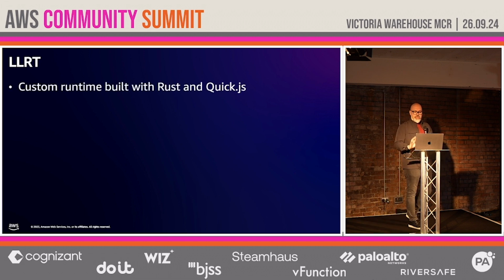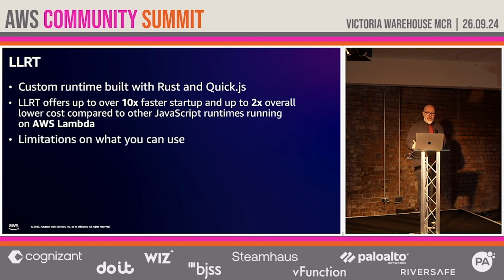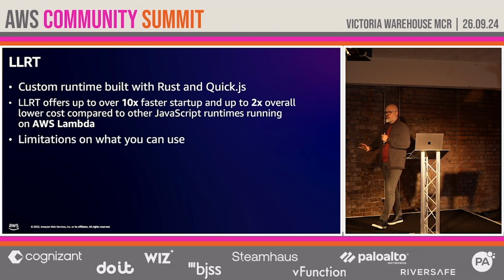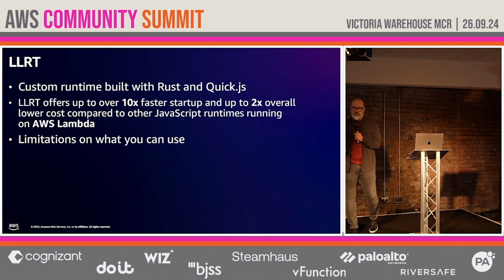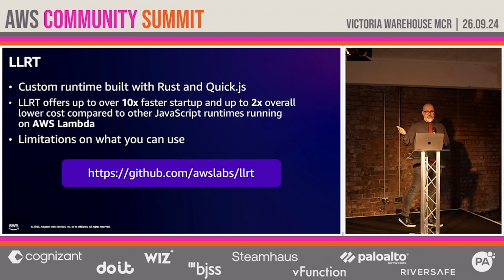Still experimental, so take it with a pinch of salt. A colleague of mine created it. It offers 10x faster startup and 2x lower overall cost compared to JavaScript, and I like that. But bear in mind, there are limitations: you cannot use full Node.js, just a subset. We are trying to improve that, but if you're curious, you can find the information over there.